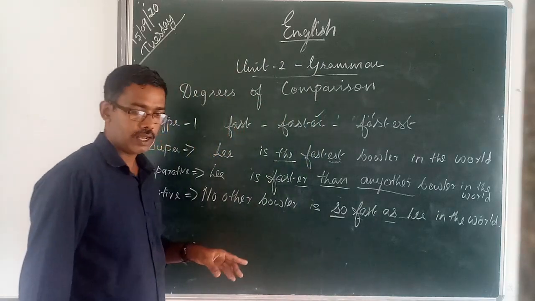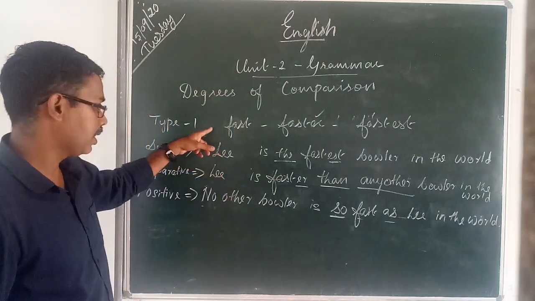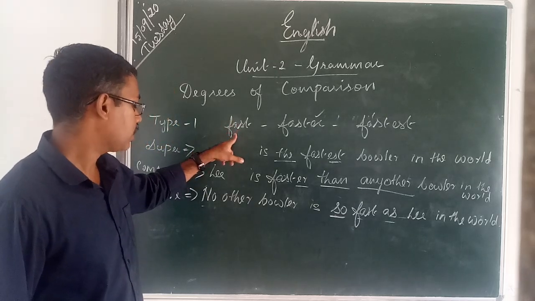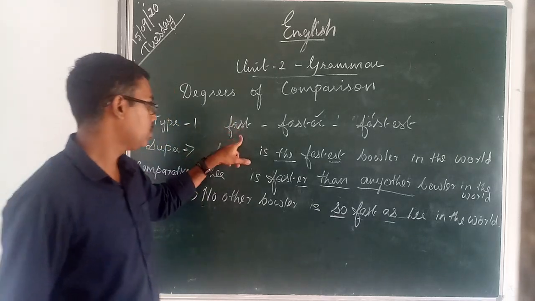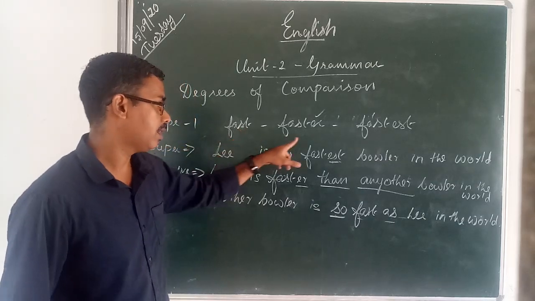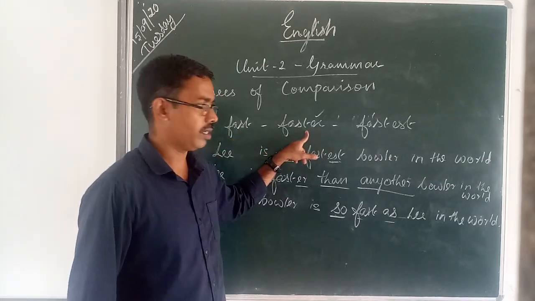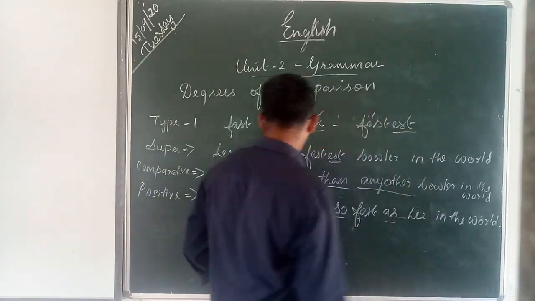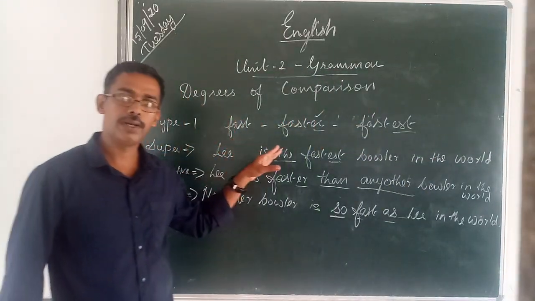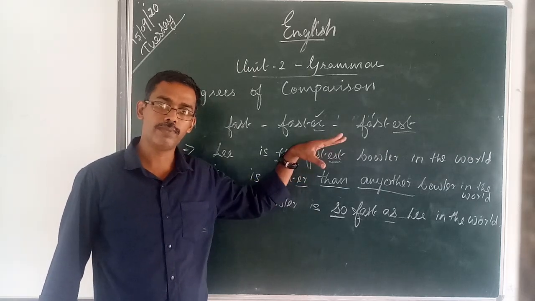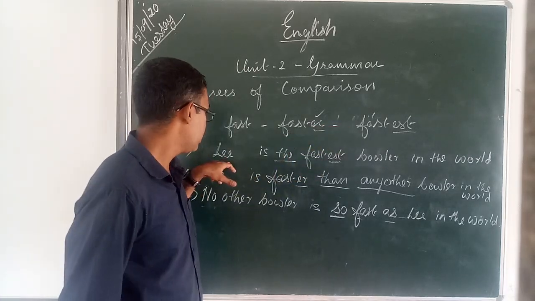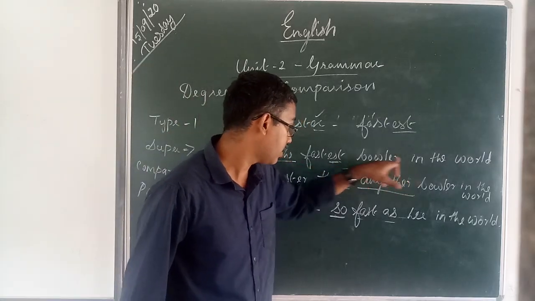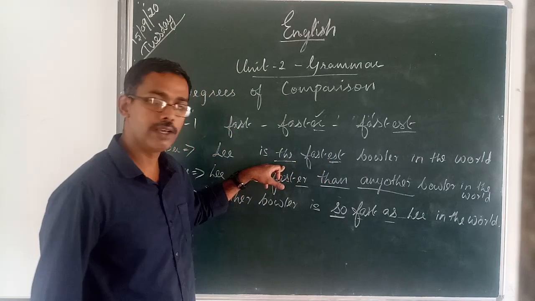So here once again I will explain. What is the positive degree here? The positive degree is fast. The comparative is faster. The superlative is fastest. When you are considering only one person, listing only one person in the higher range, you write: Lee is the fastest bowler. The fastest means the only person.